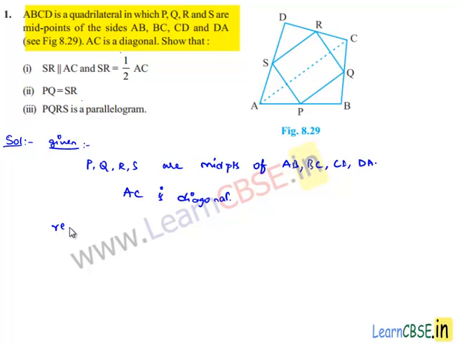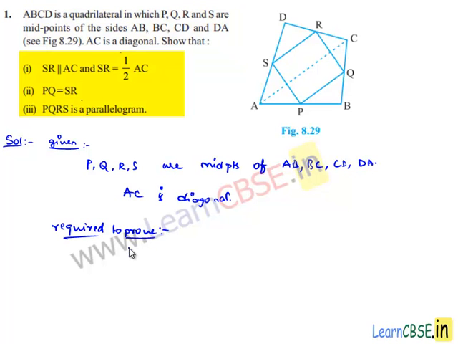He asked us to prove that, first thing, SR parallel to AC and SR is equal to half AC. Second, PQ is equal to SR. And third, PQRS is a parallelogram.